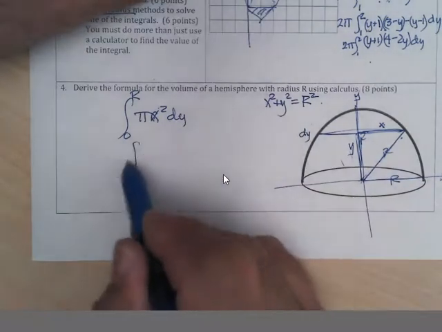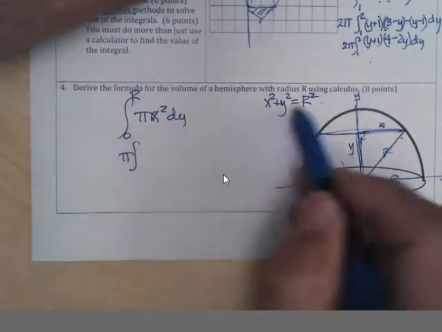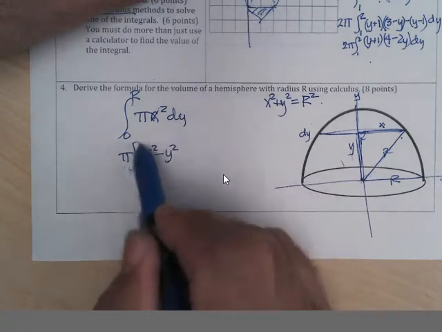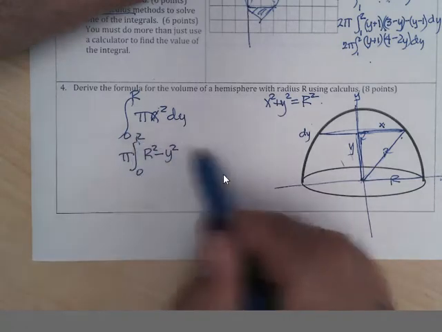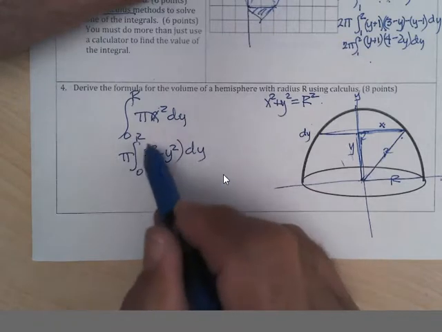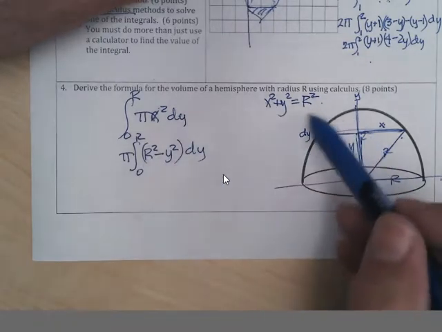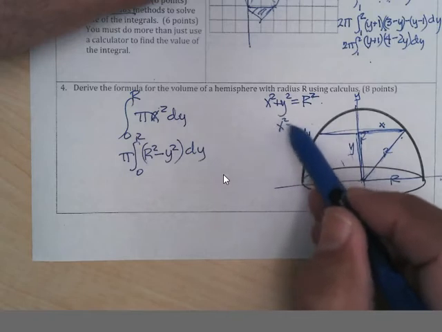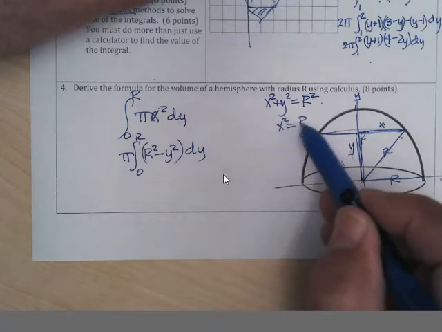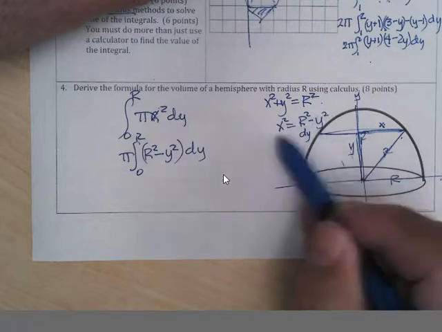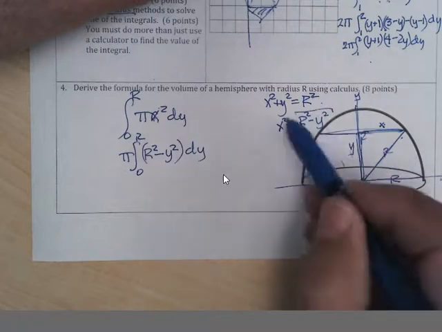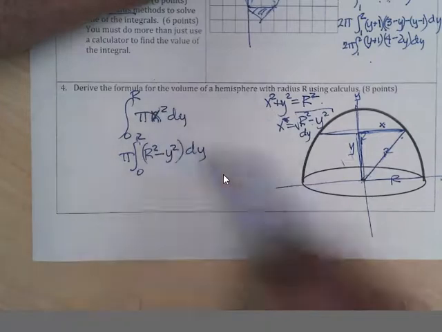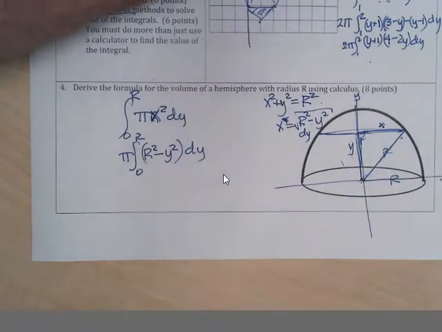So this becomes the integral of pi r squared minus y squared from 0 to r dy. I could solve for x and call it x squared equals r squared minus y squared, and then I could take the square root, but then I'm going to have to square it right back for putting it in for x squared, the radius squared.